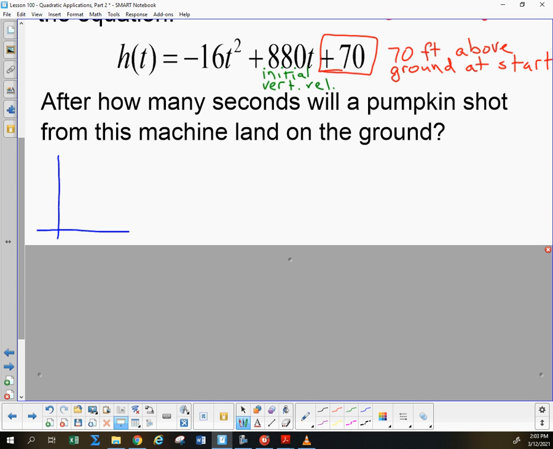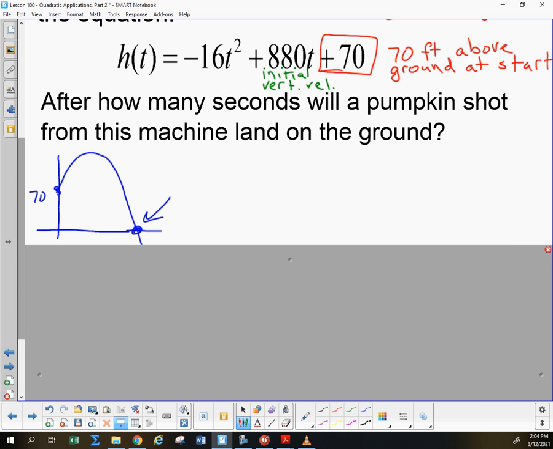It's going to start out here at 70 feet high, and it is going to go up for a while, and then it's going to come down, and it's really going to stop when it hits the ground. It's really not going to keep on going. We want to know after how many seconds will it land on the ground. Oh, we want this point right here. That's when it lands back on the ground.